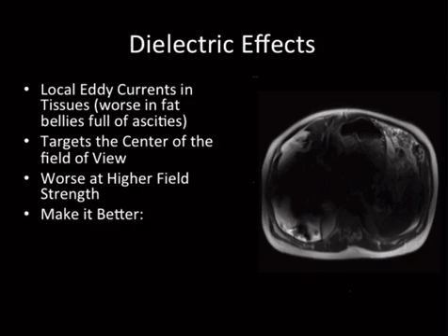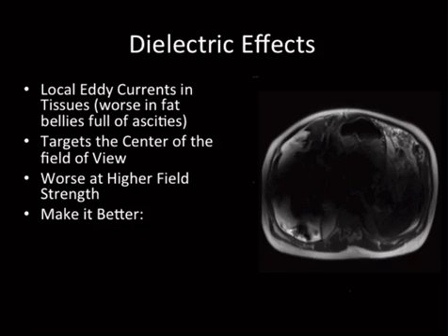And the more tissue you've got, the more significant these become. So big body parts, the biggest would be the abdomen, especially in a big person with ascites, you start to see this dielectric effect. It targets the center of the field of view, and it's more significant at higher field strengths.